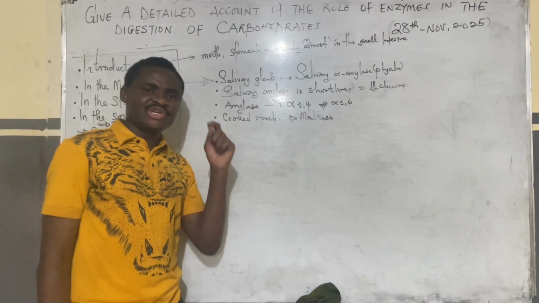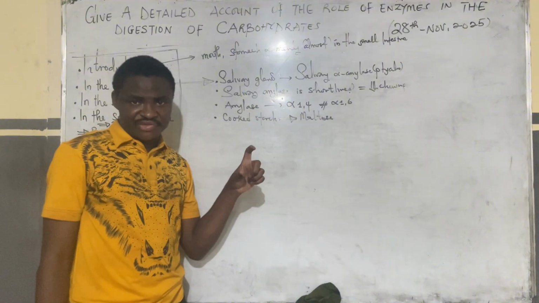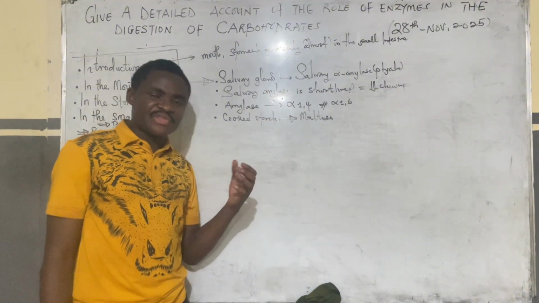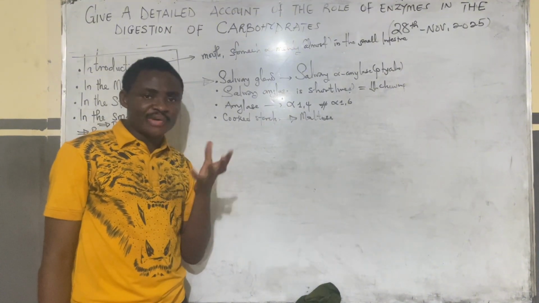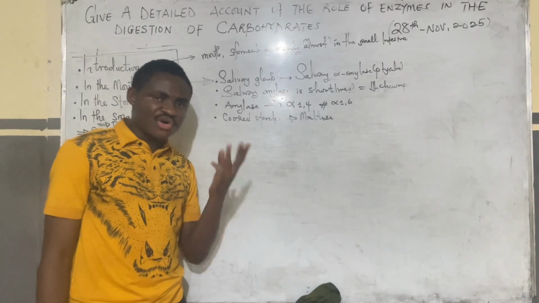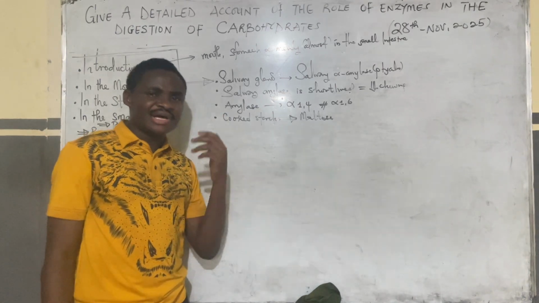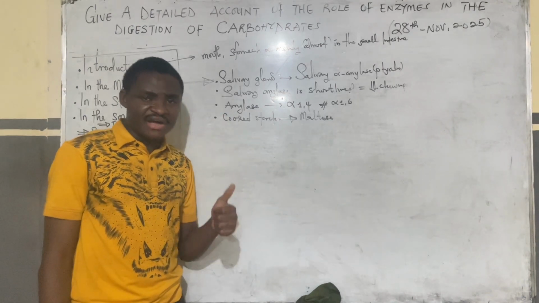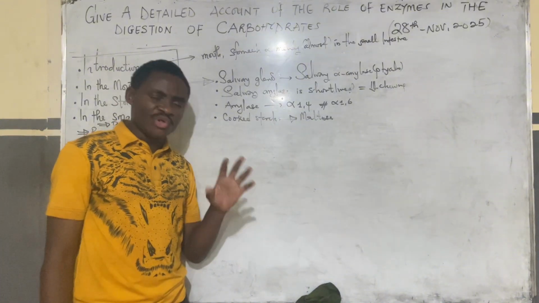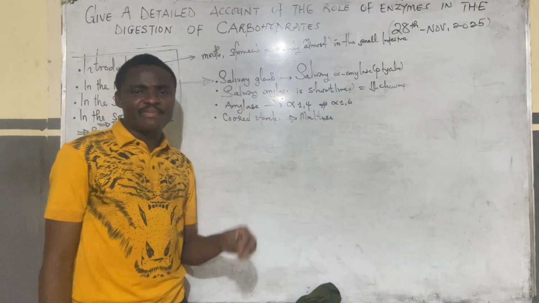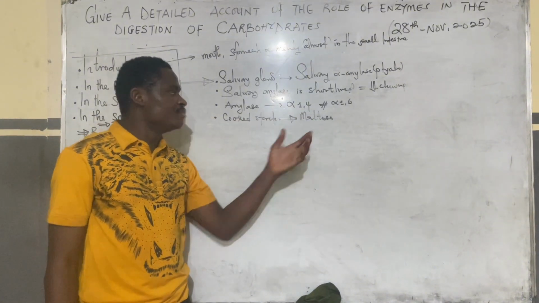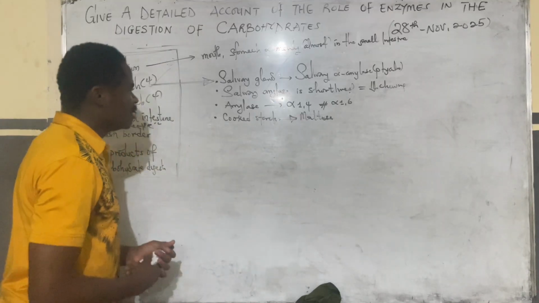Number 2, the action of salivary amylase is short-lived, because of the short chewing time that we have. The third, salivary amylase breaks down alpha 1,4, but never alpha 1,6. And then the fourth, cooked starch can be acted upon by this enzyme to form maltose.